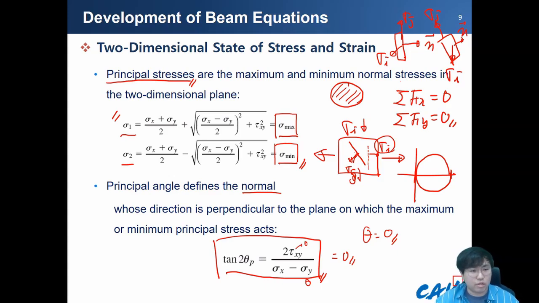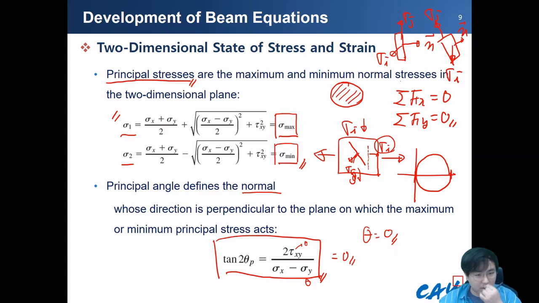why do we use the principal stress concept? It is because we can easily catch the maximum stress value in the solid structure. Most mechanical failures occur at the maximum stress value.